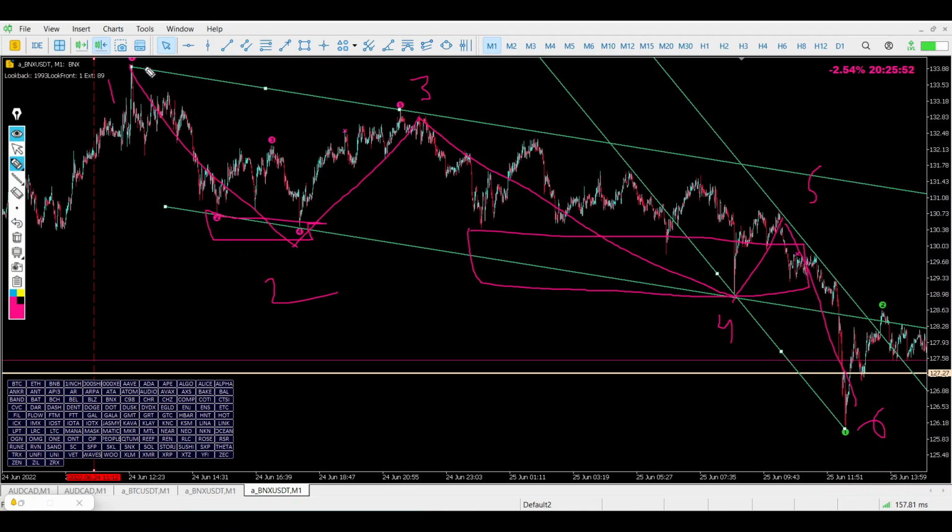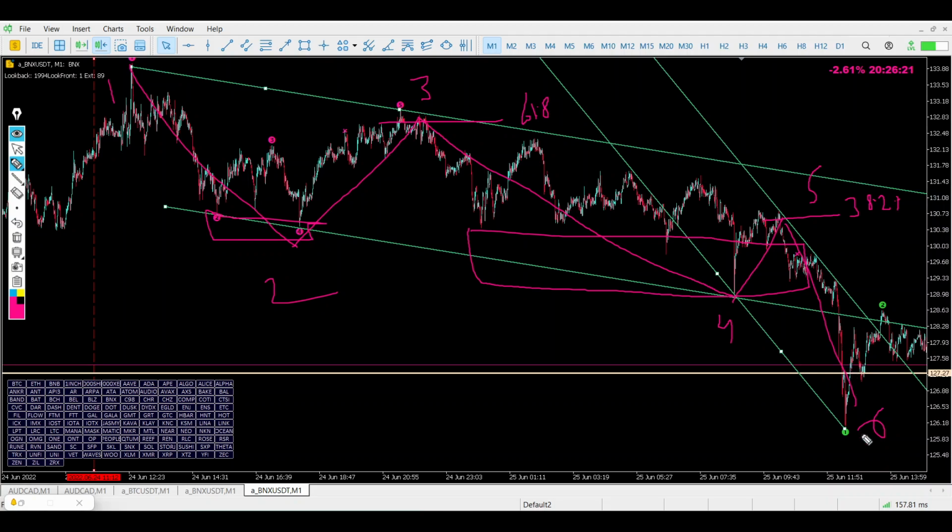So if you see the retracement, it's almost a 61.8 retracement. If you see this, it's almost a 38.2% retracement. I'm just showing you without calculating because I have these ratios in my mind.